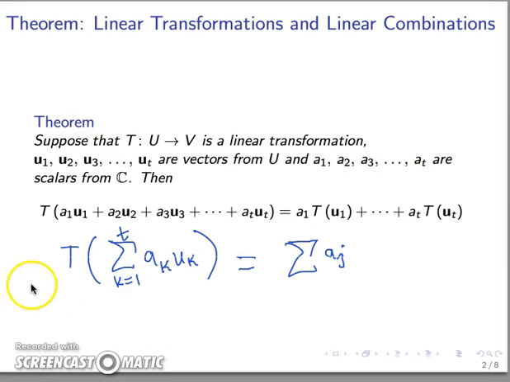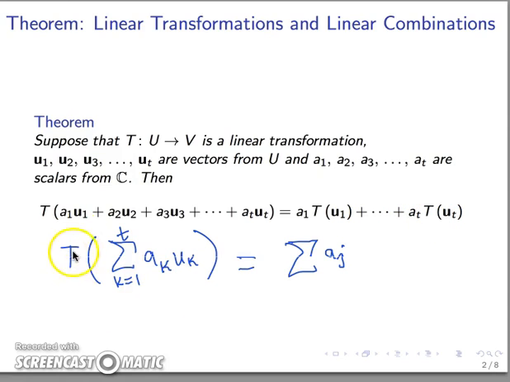So what this theorem tells us is that when we consider the transformation evaluated at a linear combination where the scalars are given by the a's and the u's, that evaluation is equal to a1 image of u1, a2 image of u2, all the way through a sub t image of u sub t.